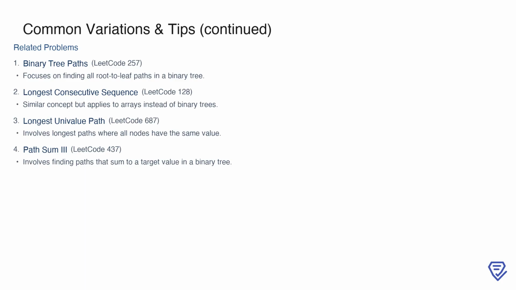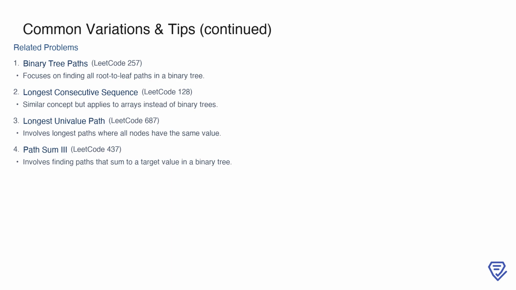To broaden your understanding, it's helpful to explore related problems. For example, the binary tree paths problem on LeetCode focuses on identifying all root-to-leaf paths within a binary tree, which shares some conceptual overlap. Another related problem is longest consecutive sequence, but instead of binary trees, it deals with arrays, applying similar principles to a different data structure.